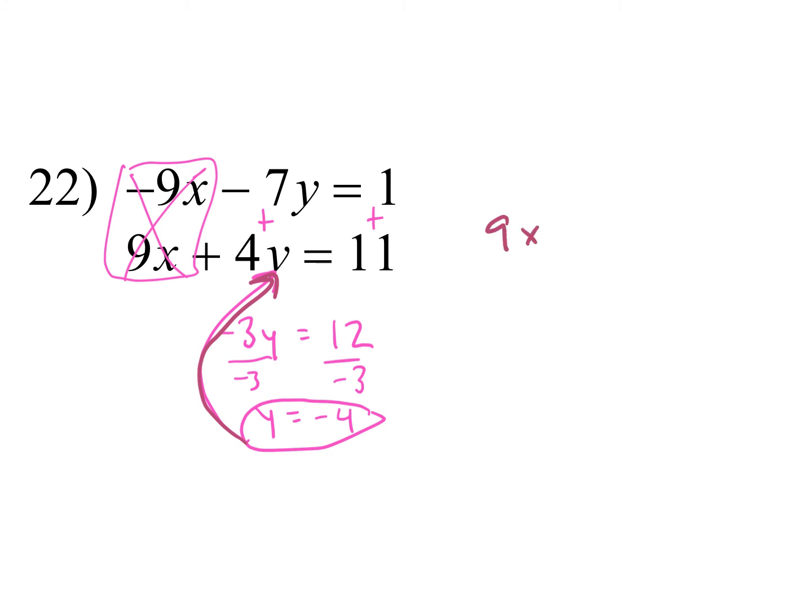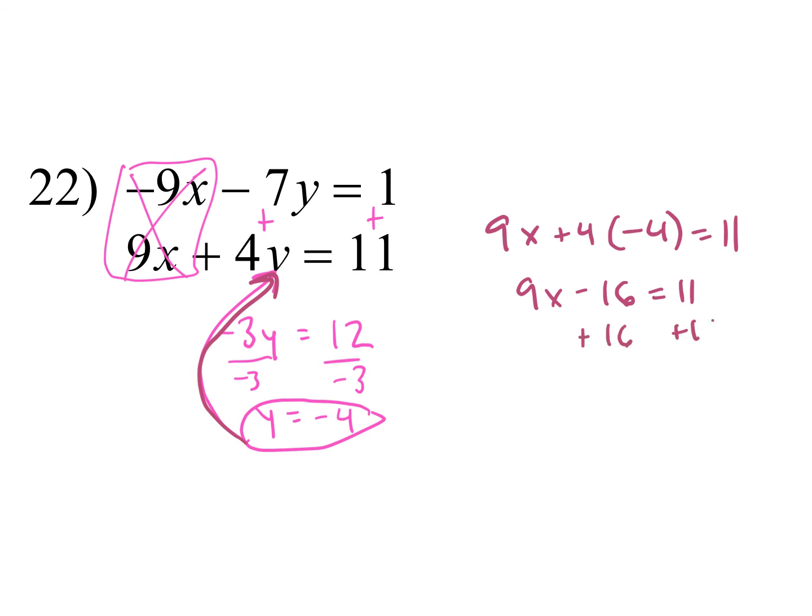So 9x plus 4 times negative 4 is equal to 11. What should I do first to solve? I multiply, so I have 9x minus 16 is equal to 11. Add 16.